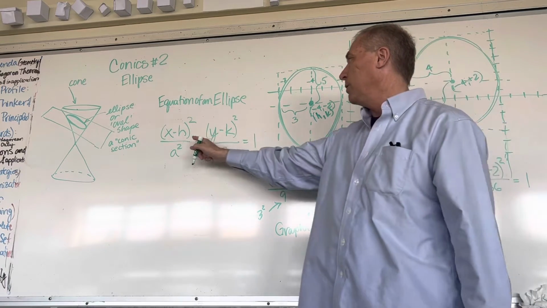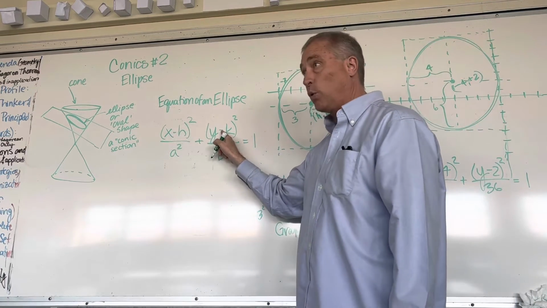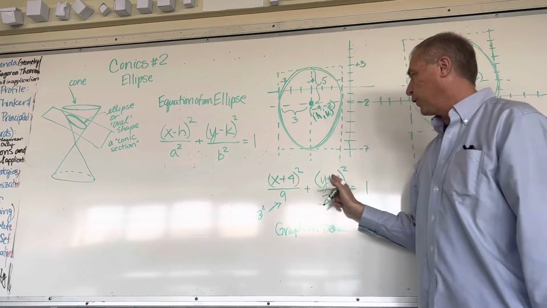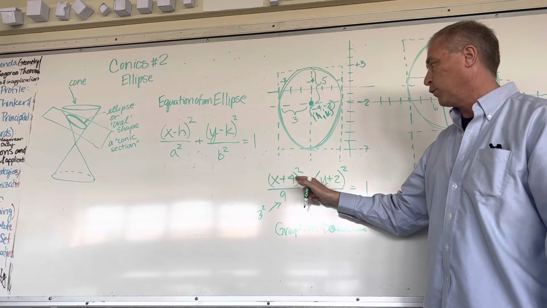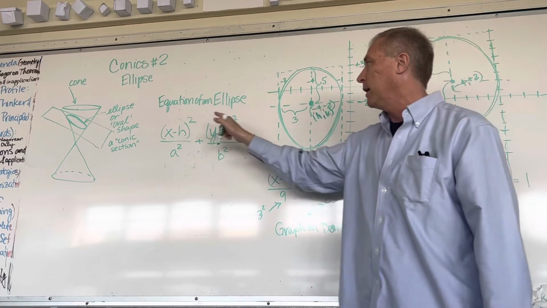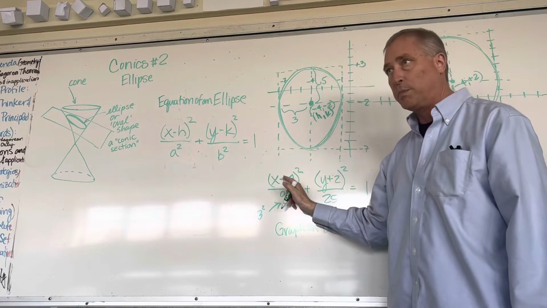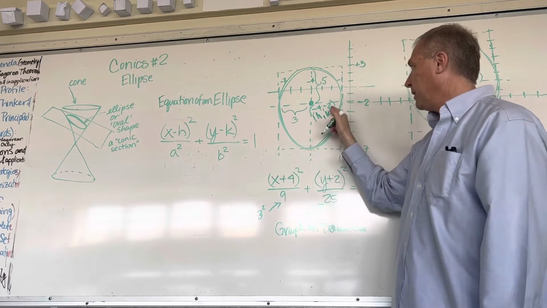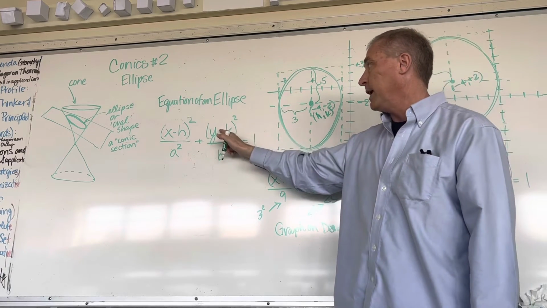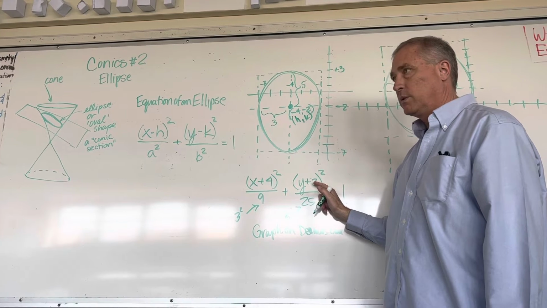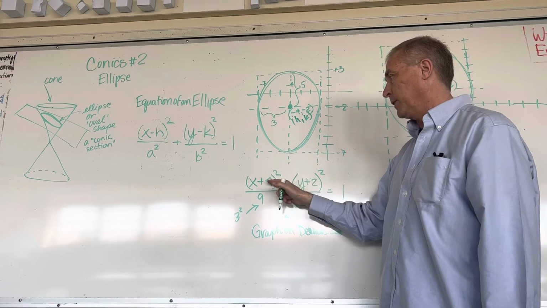But notice there's the minus in the equation, which flips the sign. So the equation for the center of this one is x plus 4 squared and y plus 2. Notice that the negative 4, with the negative in the equation, produced a positive. You following that? And negative 2 with a negative in the equation produced a positive here. So these reverse when you're talking about the center.